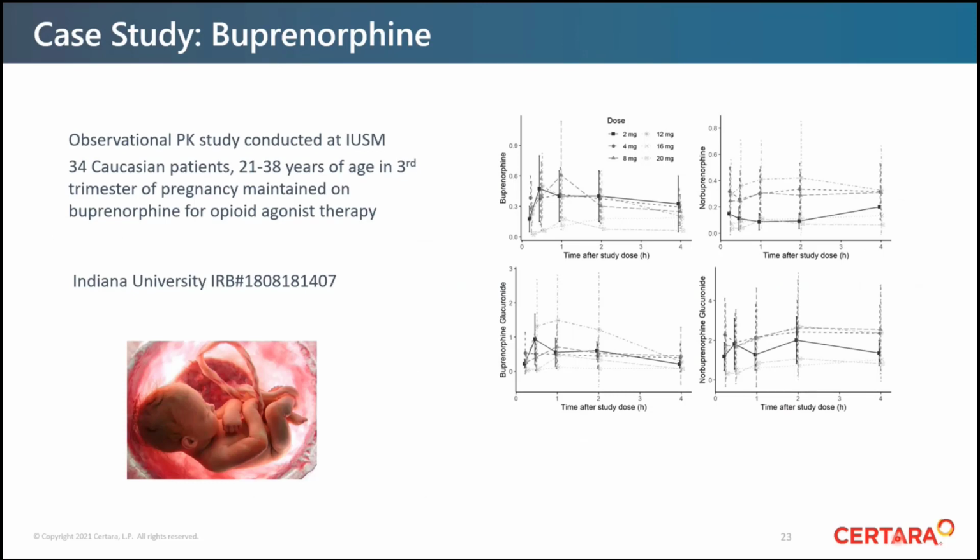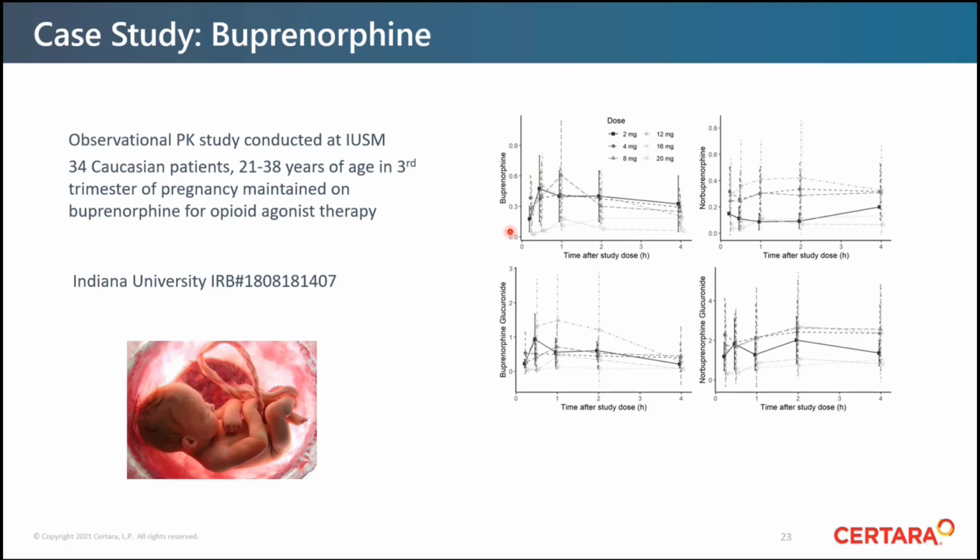So we conducted an observational pharmacokinetic study of buprenorphine in 34 Caucasian patients between 21 and 38 years of age in their 3rd trimester of pregnancy who were maintained on buprenorphine for opioid agonist therapy. As you can see, the individuals had varying dosing regimens ranging from 2 milligrams to 20 milligrams a day, and had wide variability in their pharmacokinetics.